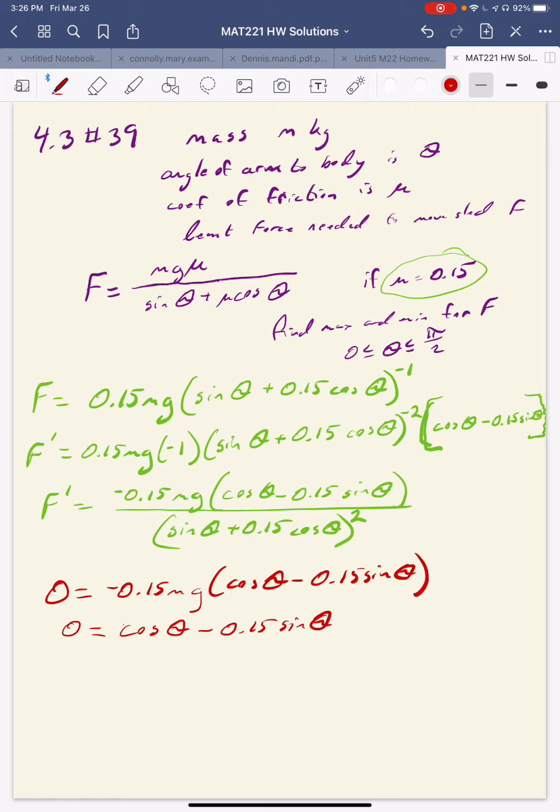So that gives me that 0.15 sine theta equals cosine theta. Then, because I'm trying to solve for theta, I need to divide both sides by cosine theta to get all the thetas on one side, giving 0.15 sine theta over cosine theta equals 1. And then I can rewrite this as 0.15 tan theta equals 1.